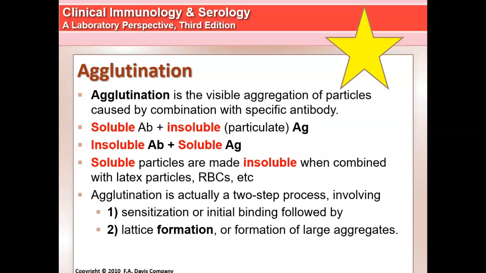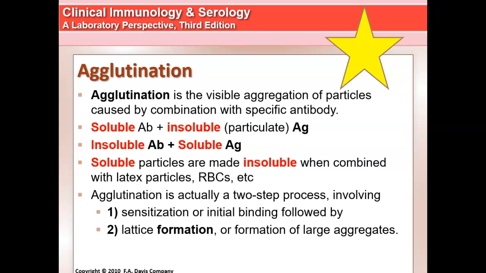And agglutination differs from precipitation in that you have a soluble antibody and an insoluble or particulate antigen, or an insoluble antibody and a soluble antigen. So one part will be soluble and one part insoluble, either the antigen or the antibody.